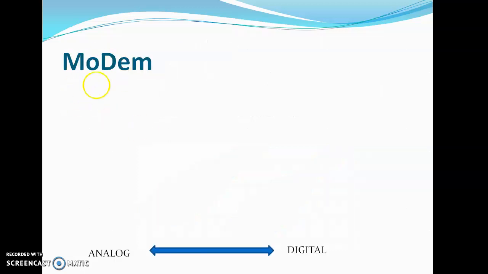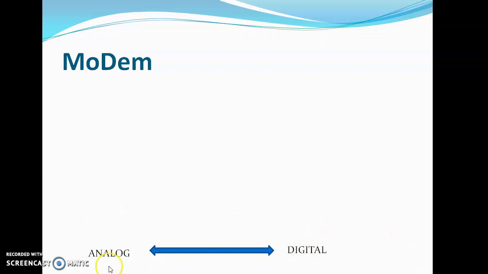Next one here is a modem, which stands for modulator and demodulator. If you remember, your computer understands only one language, the binary or digital language, which comprises the 0 and 1 combination. Now, if you have to transmit your message from your computer to another computer through a communication channel, which can be either a wired or wireless connection, it cannot be transmitted using a digital signal.